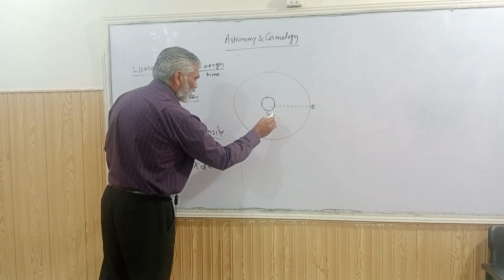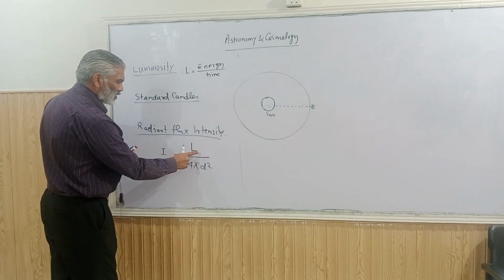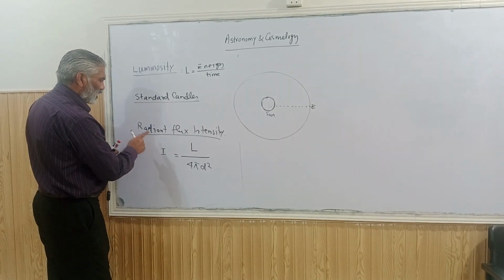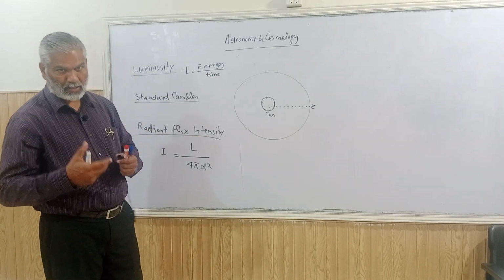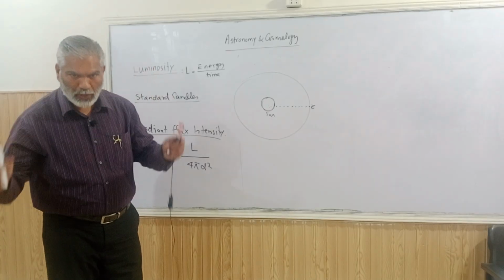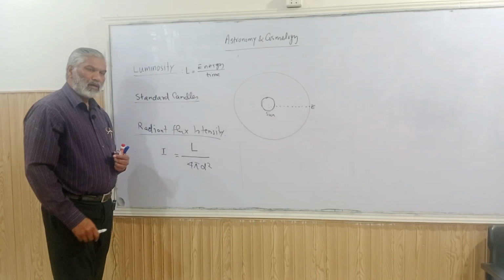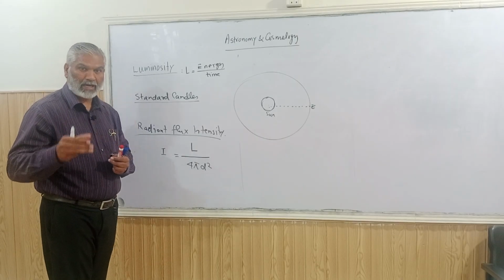If this is the sun and this is the distance we need to work out, I should know the luminosity, and I should know the radiant flux intensity, which means how much we are receiving on earth every square meter, right? So this is intensity, how much energy we are receiving every square meter per second.